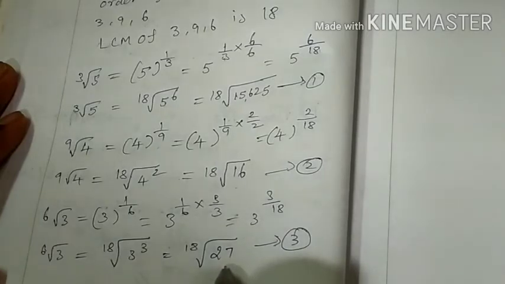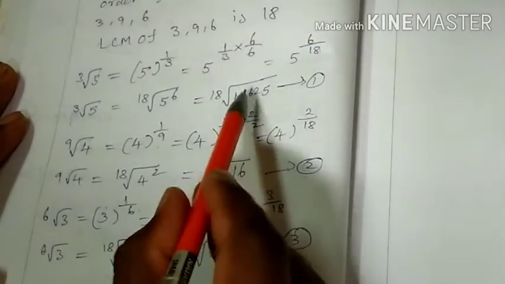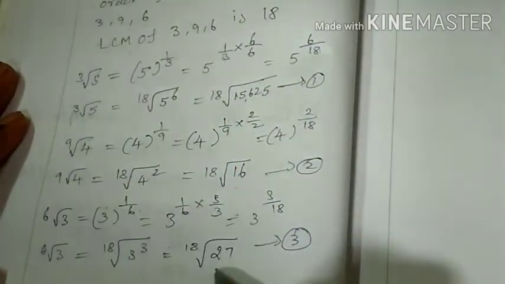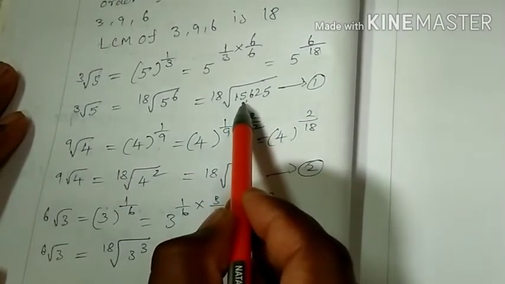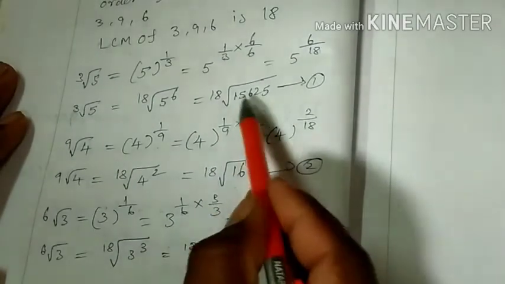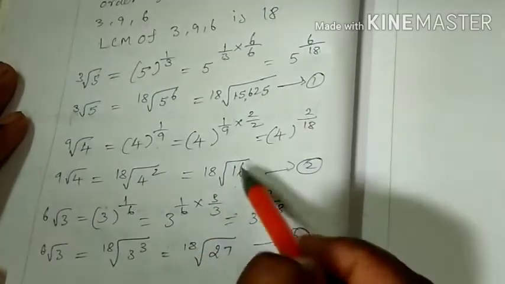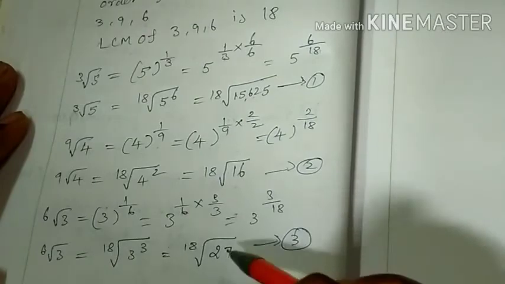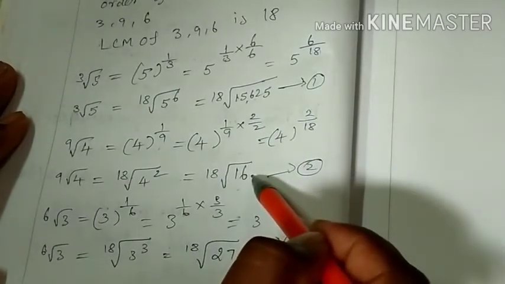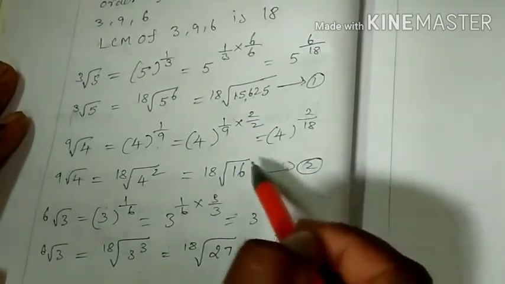The descending order is bigger number to smaller number. All the orders are equal, so directly compare the numbers. 15,625 is the greatest, then the next greatest, and then the least. This is first, second and third.